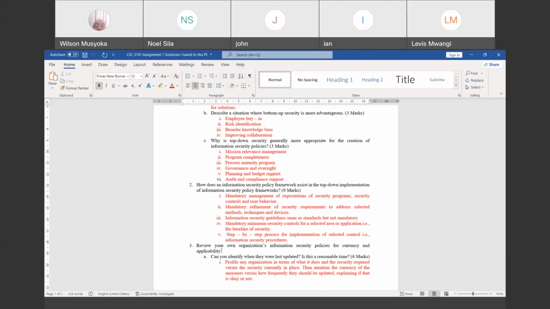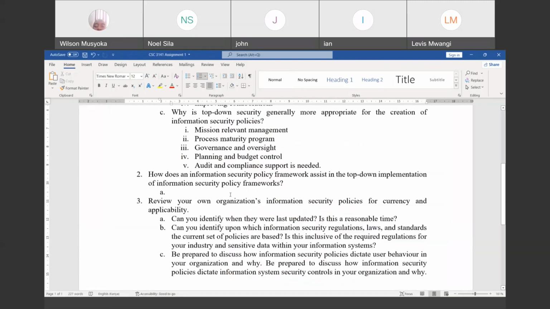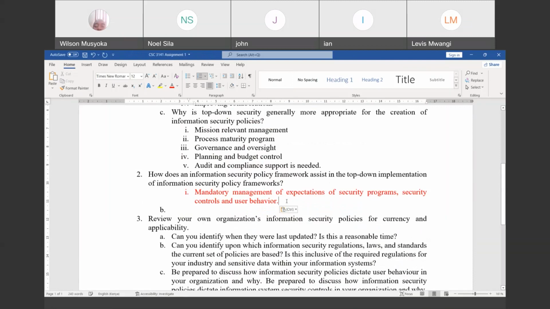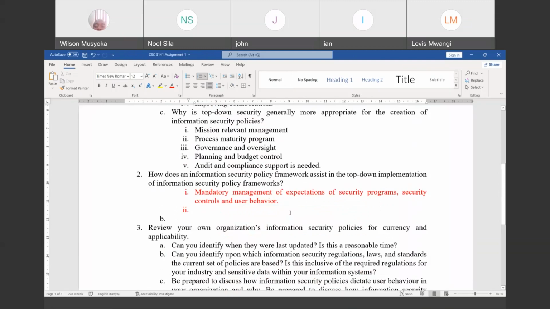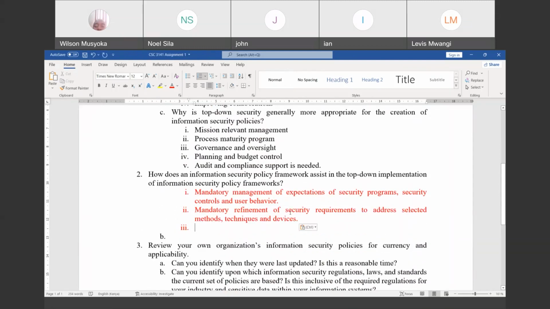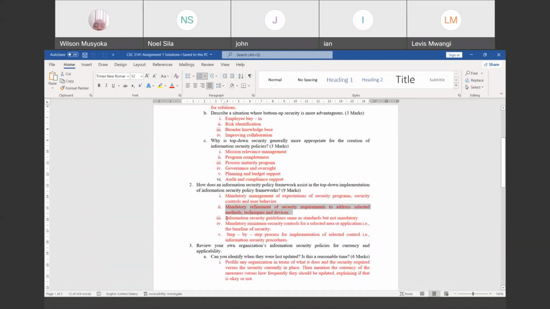And so we talk about it in terms of mandatory management of organizations. So that is one. We also talk about mandatory refinement of security requirements, that being another one. Then we also talk about information security guidelines being standards, not mandatory.